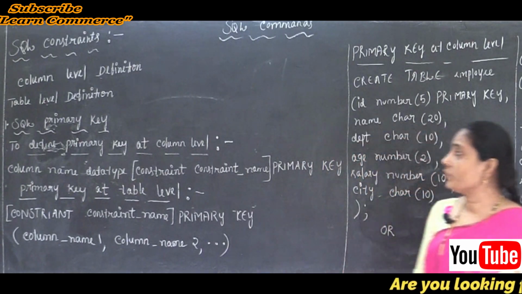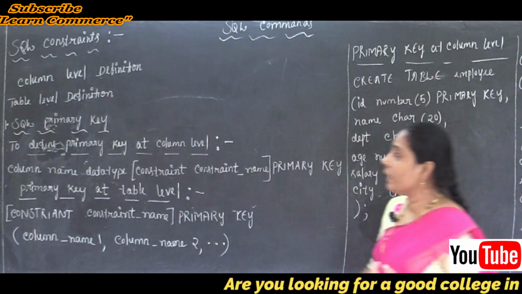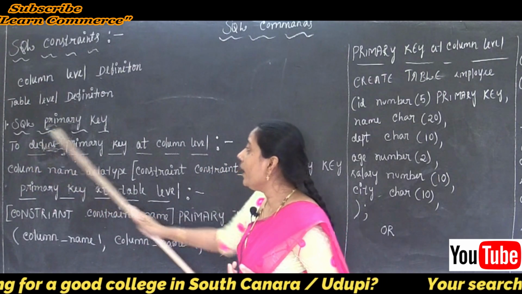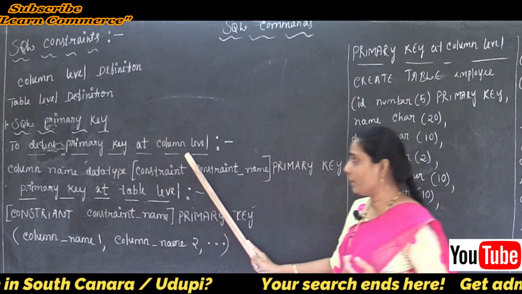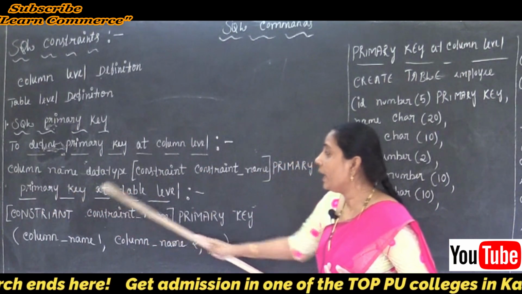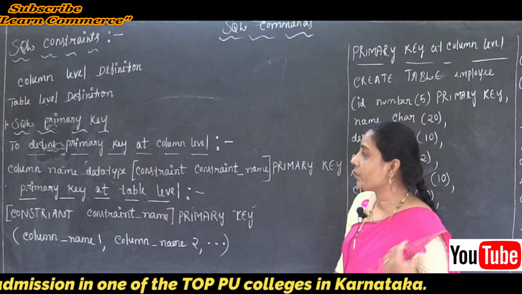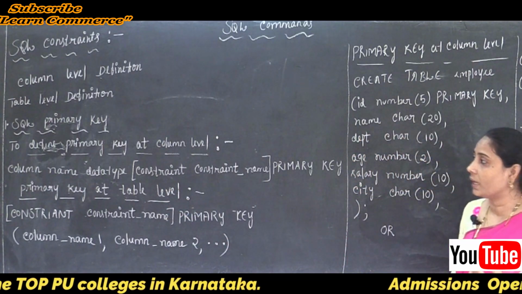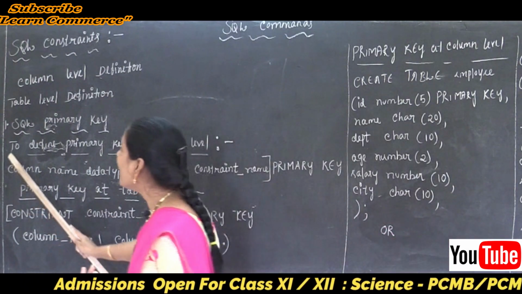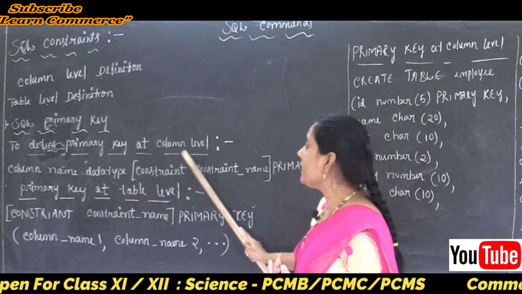Now let's look at the syntax applied for the primary key constraint: the first syntax defines the primary key at column level, and the second defines the primary key at table level. Before the table level syntax, let's explain defining the primary key at column level.